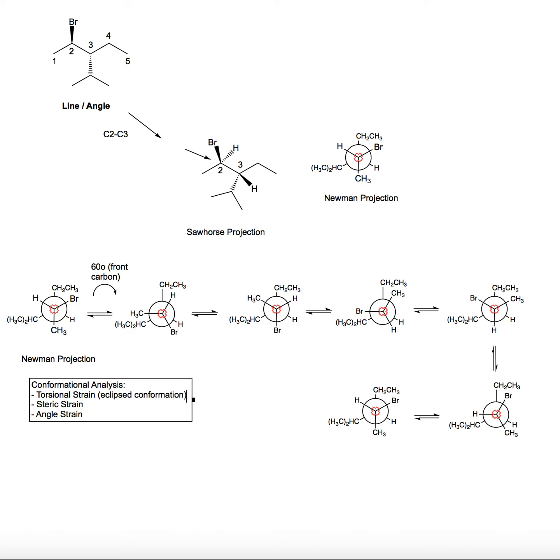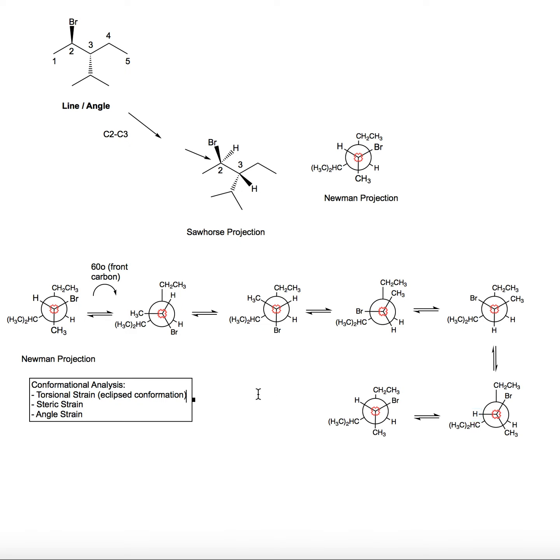Remember how, and I will upload another video on this, in staggered conformations the hyperconjugation effect stabilizes the staggered conformation, and when you go from staggered to eclipsed, that hyperconjugation and stabilization is gone. So every eclipsed conformation is hiding energy, and we call this energy torsional strain.